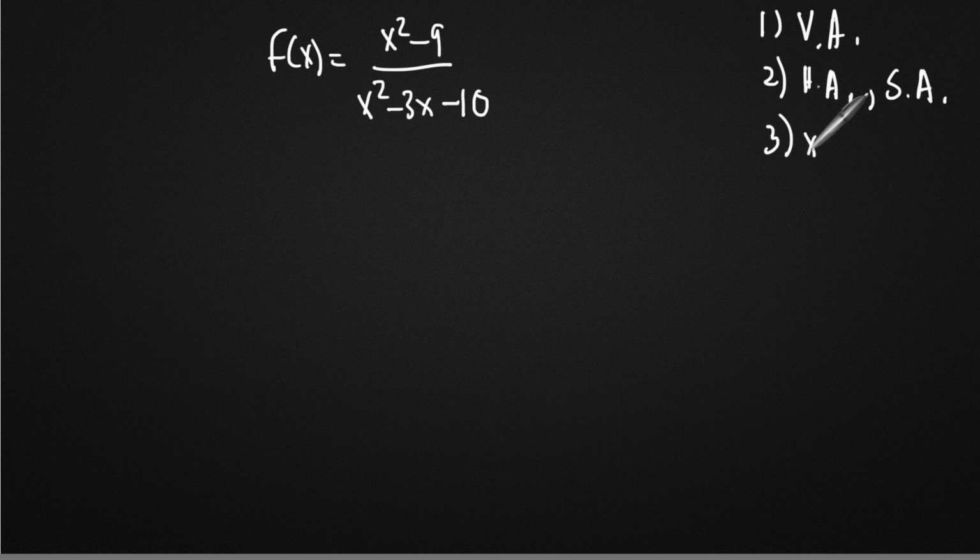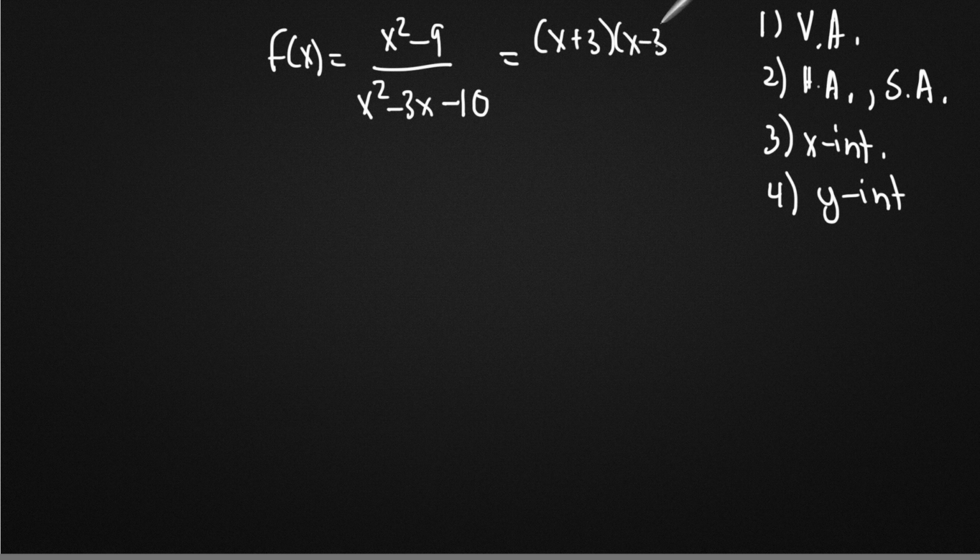We need to know the x-intercepts, and this is all on your table and on the back of your notes. And we need to know the y-intercept. Okay, so let's just start with the vertical asymptotes. What we're going to do is we're going to factor the top and the bottom. So this is a difference of 2 squares, x plus 3, x minus 3.